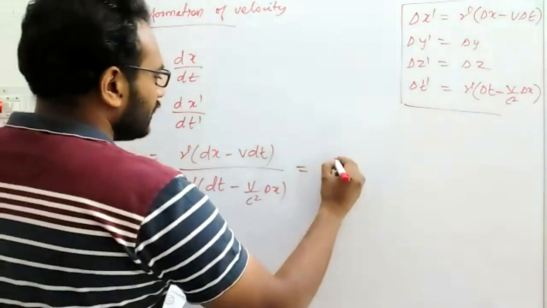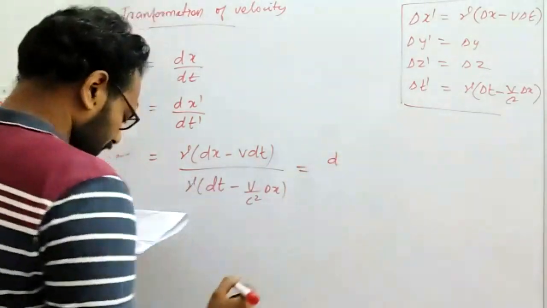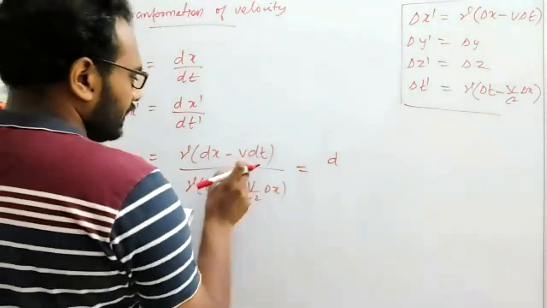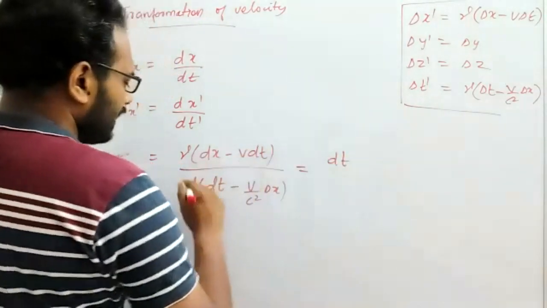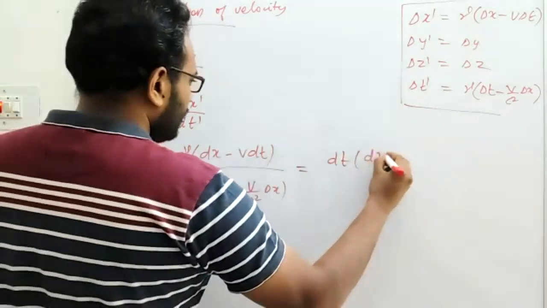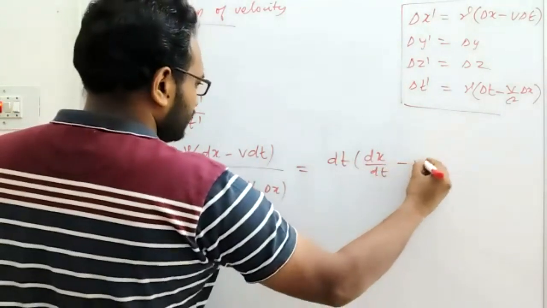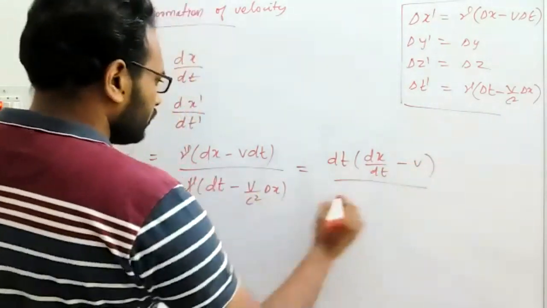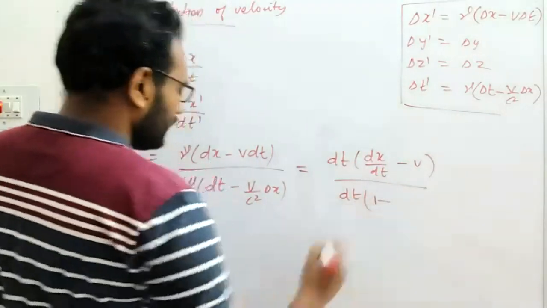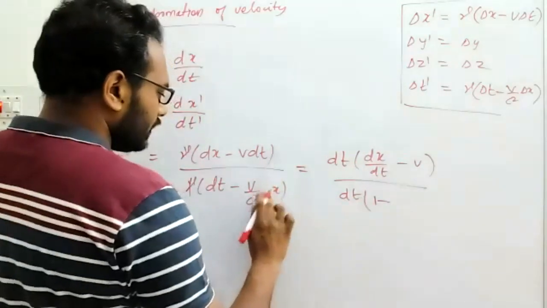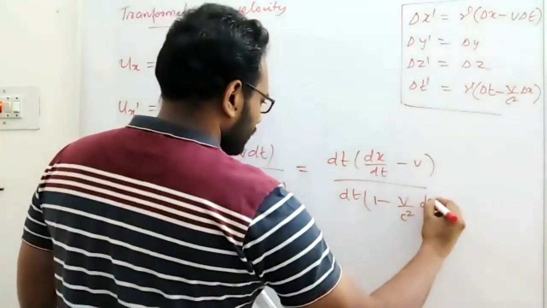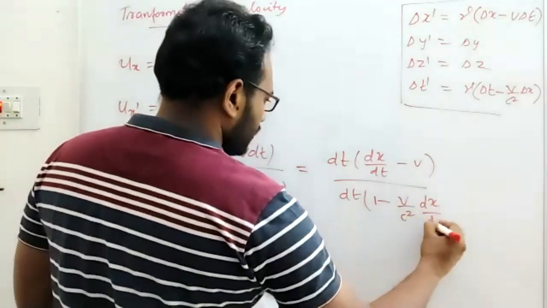Dt times dx by dt minus v, divided by 1 minus v by c square dx by dt.